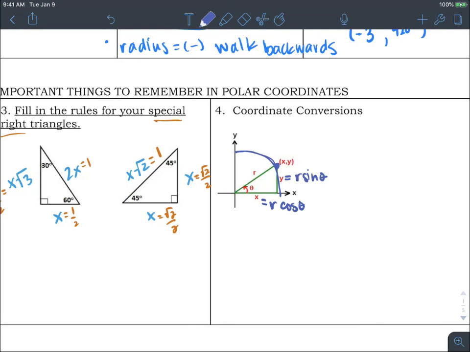And r squared is equal to x squared plus y squared, so if I have x squared plus y squared, I can rewrite that as r squared. For theta, I know that the tangent of theta is equal to y over x. So our four really important equations are this, this, this, and this. We're going to keep those in our back pocket while we're doing our conversions for the rest of the examples here.